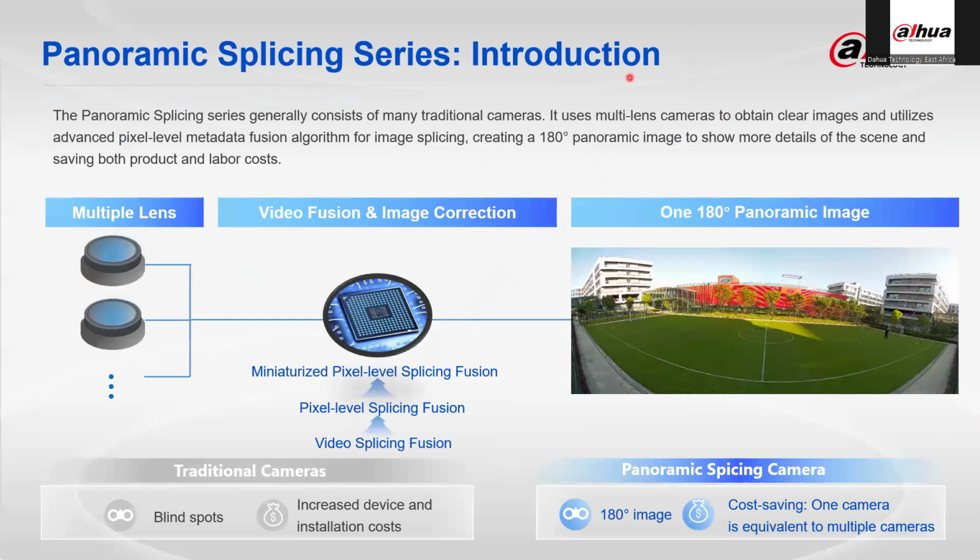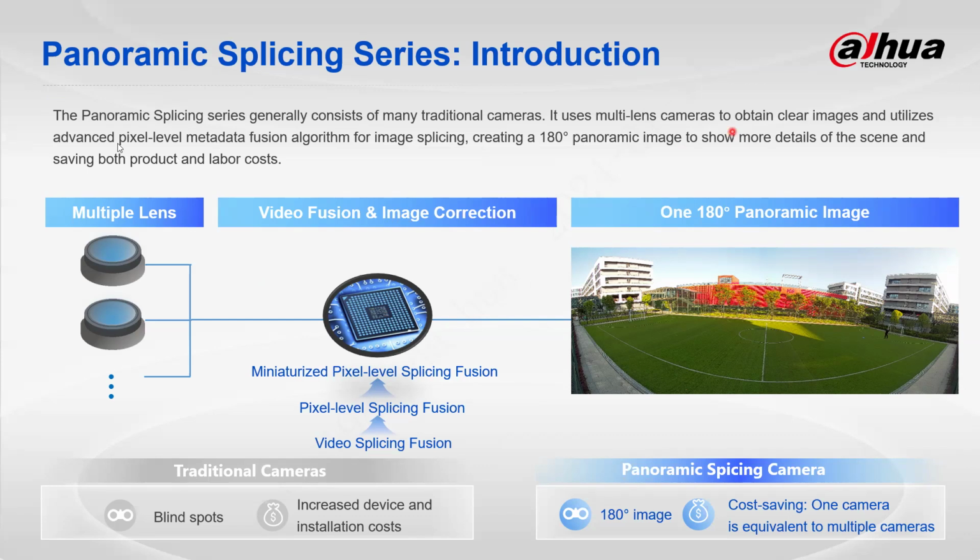This series generally consists of many traditional cameras. It uses multi-lens cameras to obtain clearer images and utilizes advanced pixel metadata fusion algorithms for image splicing.